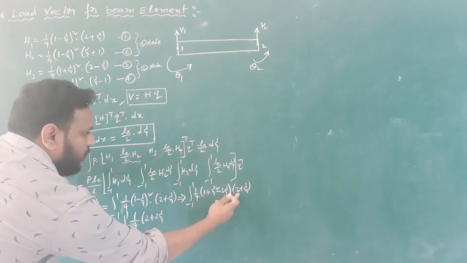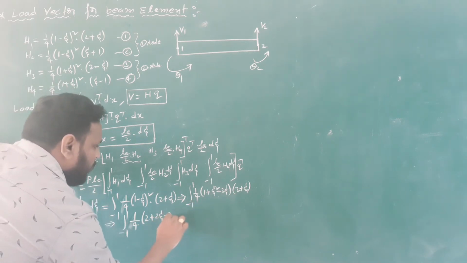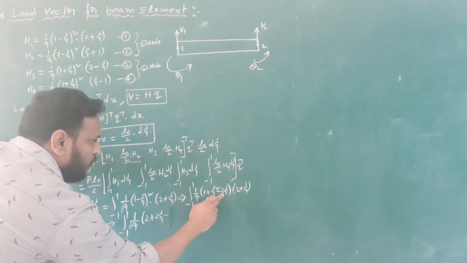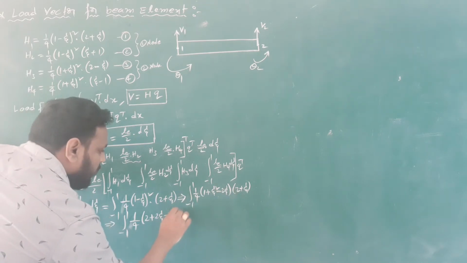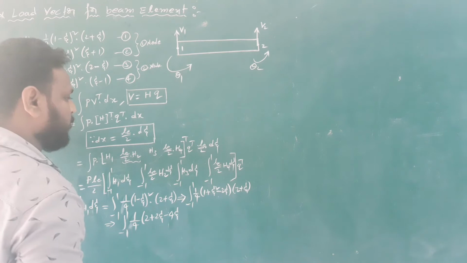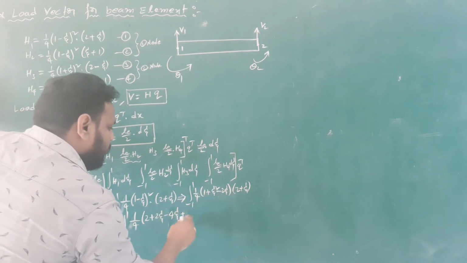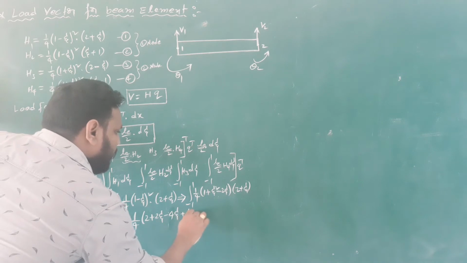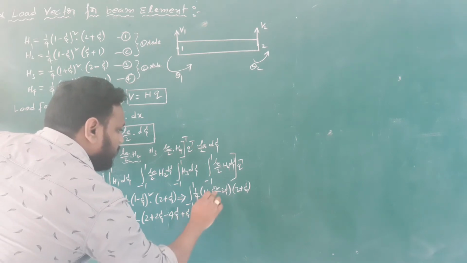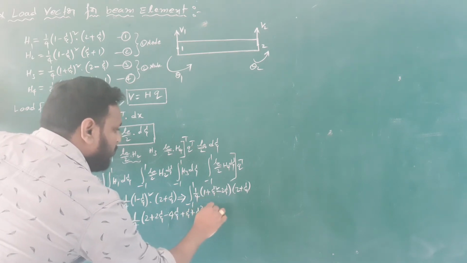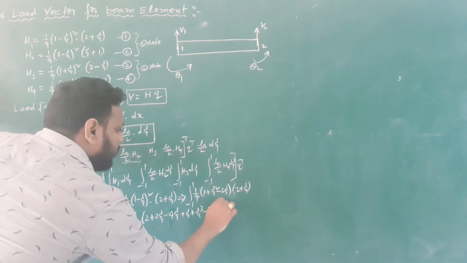Just I am multiplying with 2 only, minus 4z. 2 into 2z into 2, that is 4z, plus z plus z square, so z cube, minus 2z square.